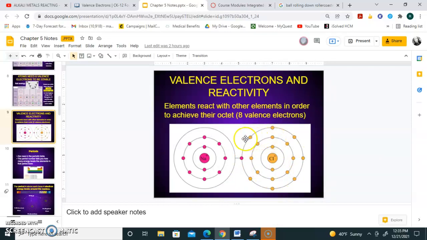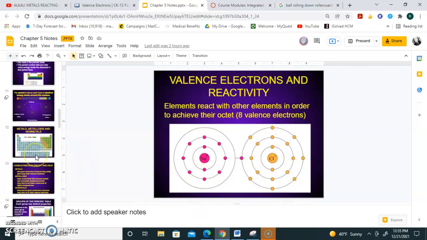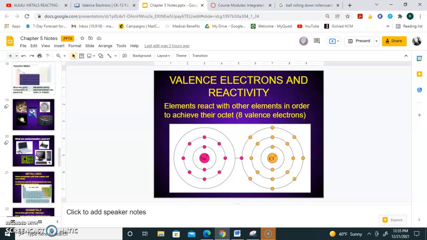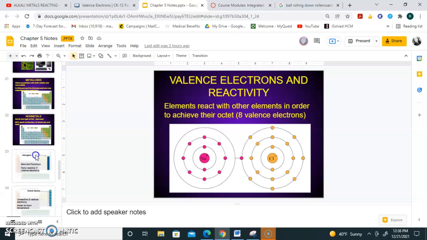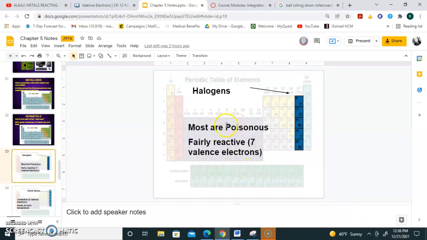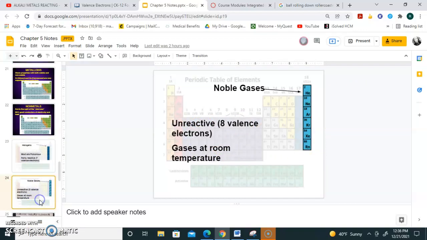You can see if you draw its Bohr model, on its outermost energy level, it has 7 valence electrons, meaning that it really, really wants to get one more electron from another atom to complete its octet. And because it wants to get that electron so badly, it's so close to completing that octet, that's what makes it so reactive. And most of these elements are also poisonous.